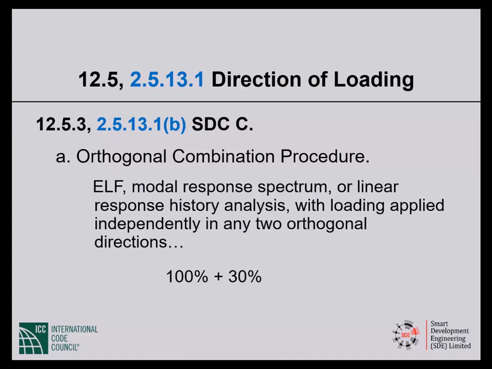You do equivalent lateral force, modal response spectrum or linear response history analysis with loading applied independently in any two orthogonal directions, and then you design a structural member for 100% of the effect of the X earthquake plus 30% of the effect of the Y earthquake, or 30% of the effect of the X earthquake and 100% of the effect of the Y earthquake, whichever is the larger of the two. If 100% of X plus 30% of Y is larger than 30% of X and 100% of Y, then you design for 100% of X plus 30% of Y.